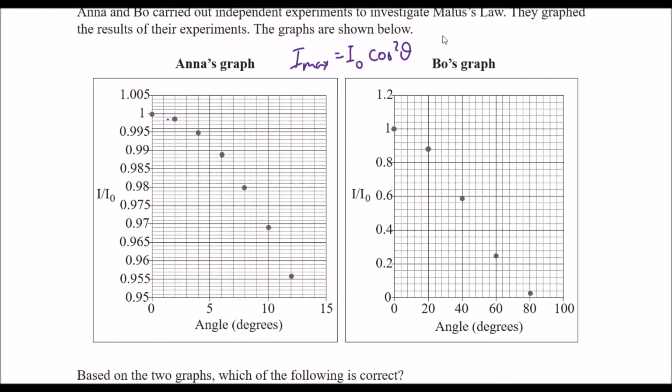So we should see sort of a cosine squared graph like that. We are seeing that pattern there, which is great. However, Bo's graph is actually much better. The reason being, if you look at the range of the data, forget whether it starts at 0 or not, it doesn't really affect what we're looking at.